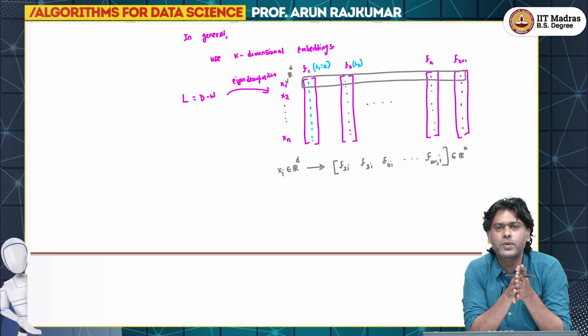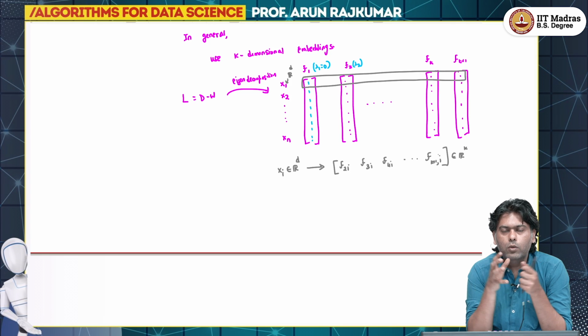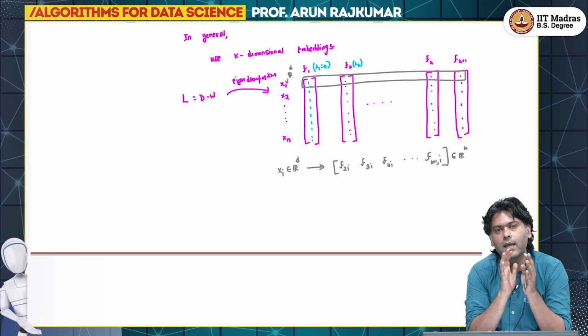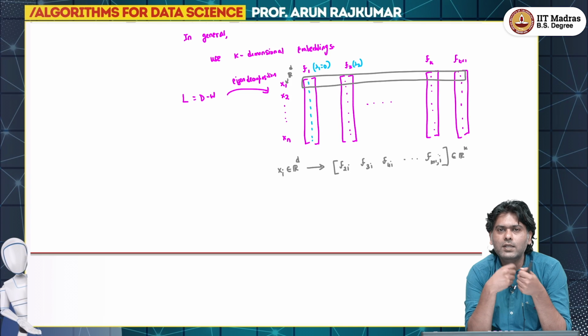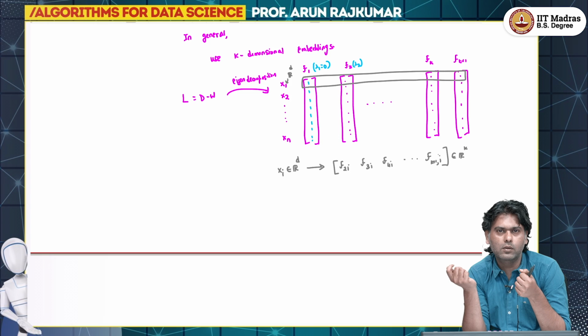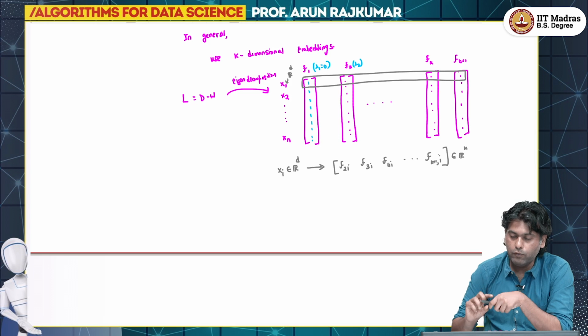Now, the hope is that those data points which really intuitively from a human point of view have to be in the same cluster, have similar views given by each of these eigenvectors. That is, in this view space.